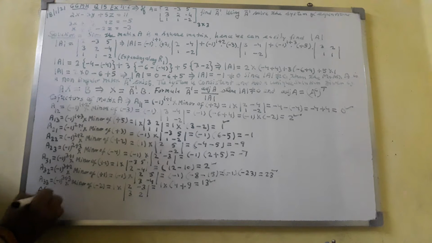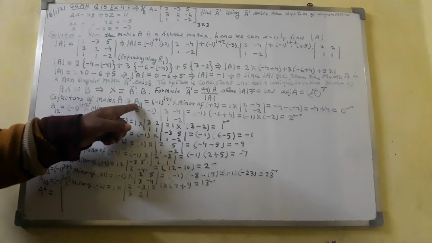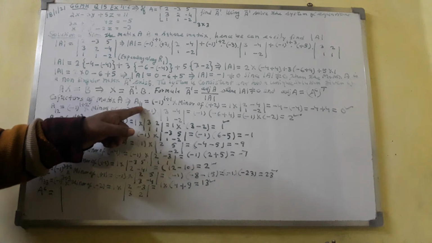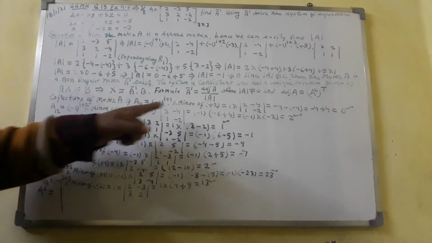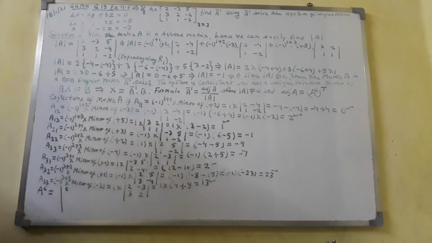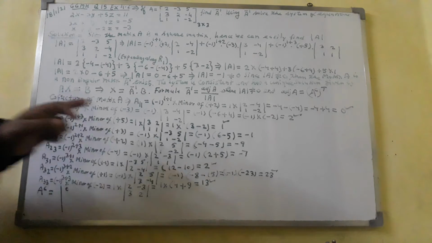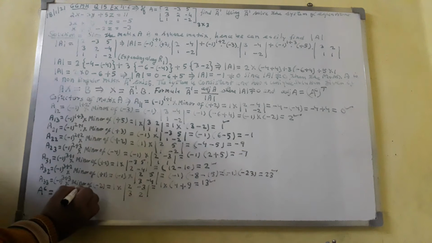Cofactor matrix will be, start from here A input double 1. A double 1 value is 0. Write here 0. A input 12 value is here 2. Write here 2.